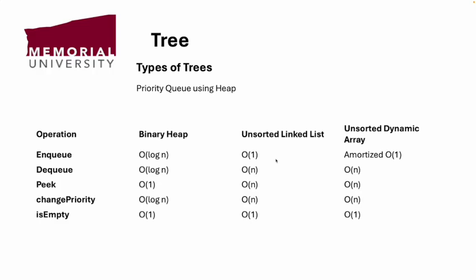For the sorted one it's log n, and for the unsorted it's 1 and n, almost all linear. For the dynamic array, insert is 1 and all the others are linear. But compared to that, the heap is better because it keeps log n for everything. Makes sense, right?